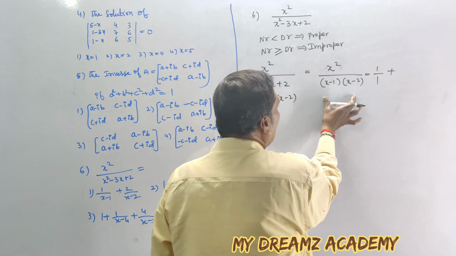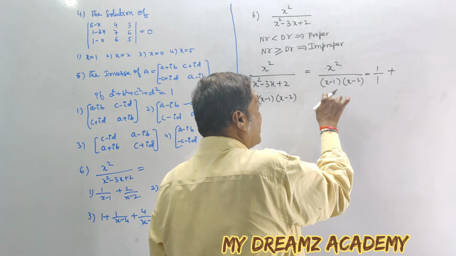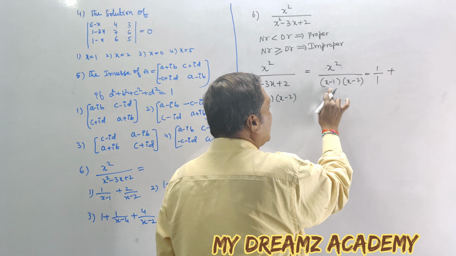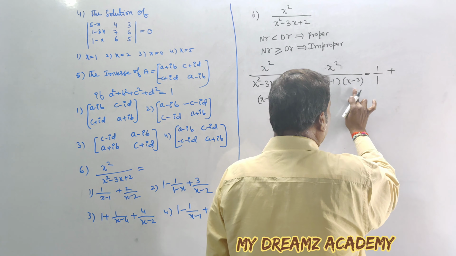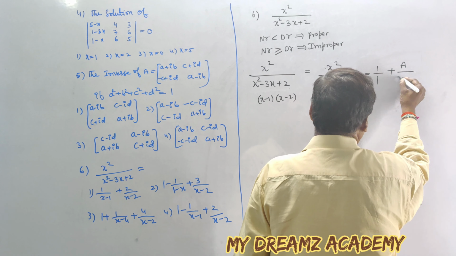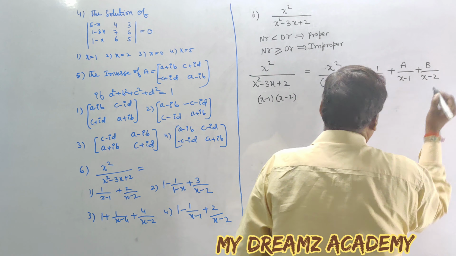Plus, now write the partial fractions as in the proper case. x minus 1 linear factor, x minus 2 linear factor. For every linear factor you have to write one constant: a by x minus 1 plus b by x minus 2.